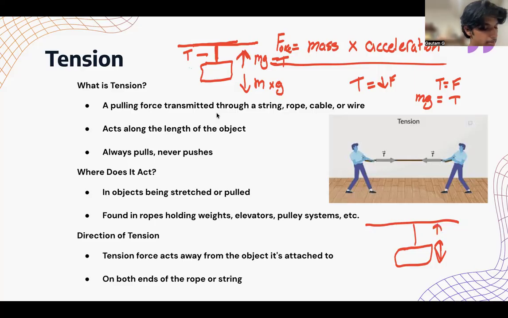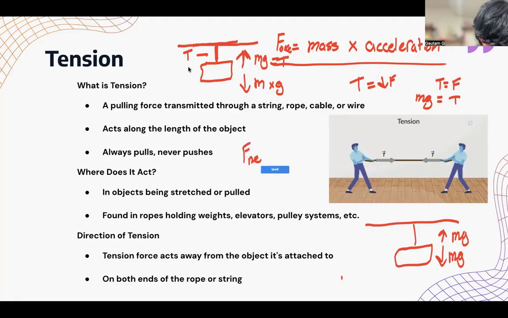Right now, I'm just saying this box is hanging and it's not moving up or down, it's just hanging in position. So the force downwards is equal to the force upwards because they cancel out, and the total net force is zero. There are two forces being applied, but the total combined is zero. Does that make sense?